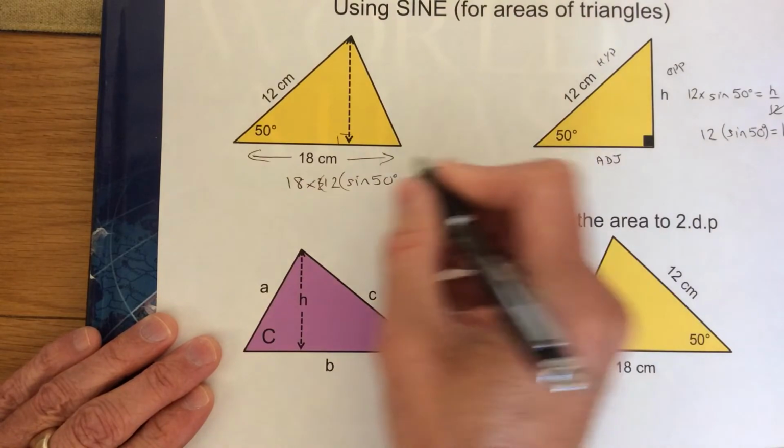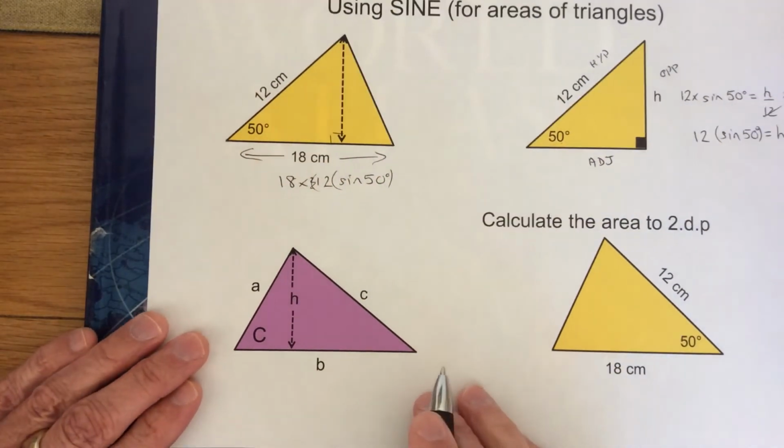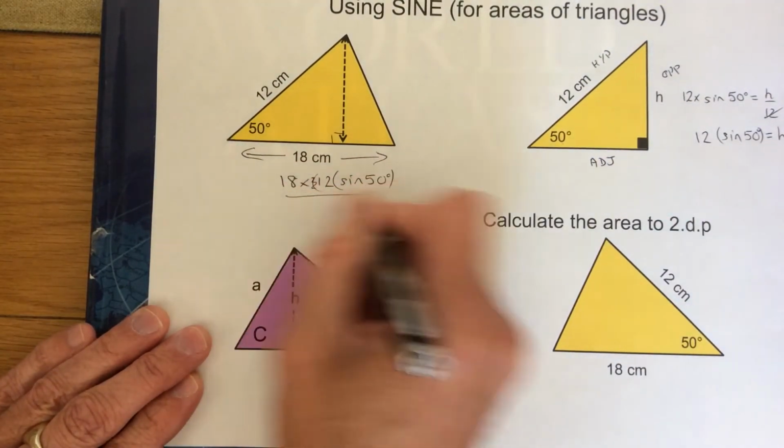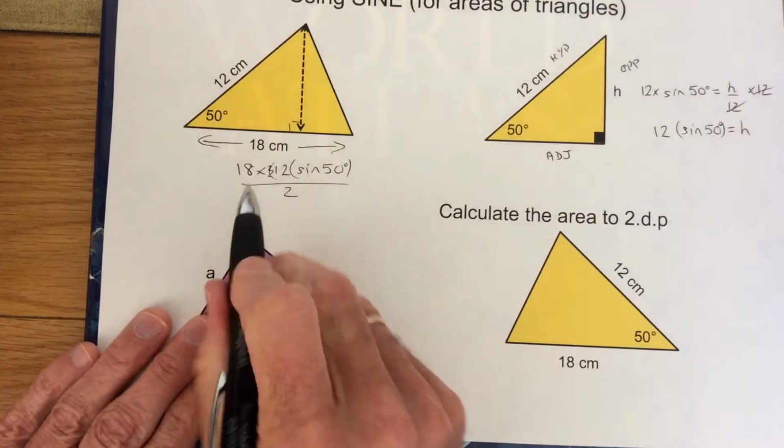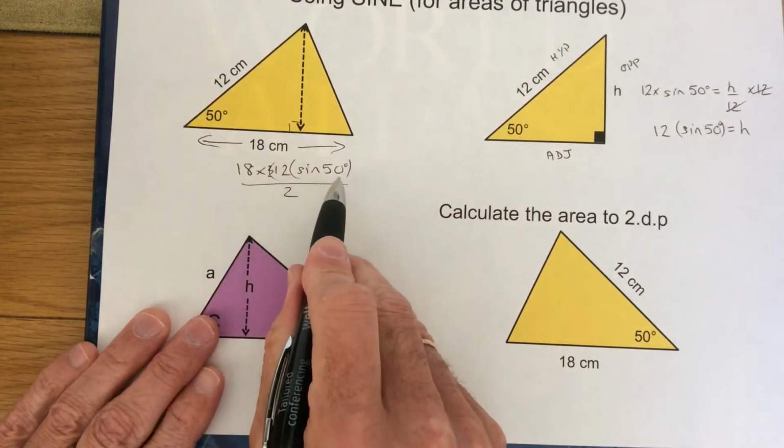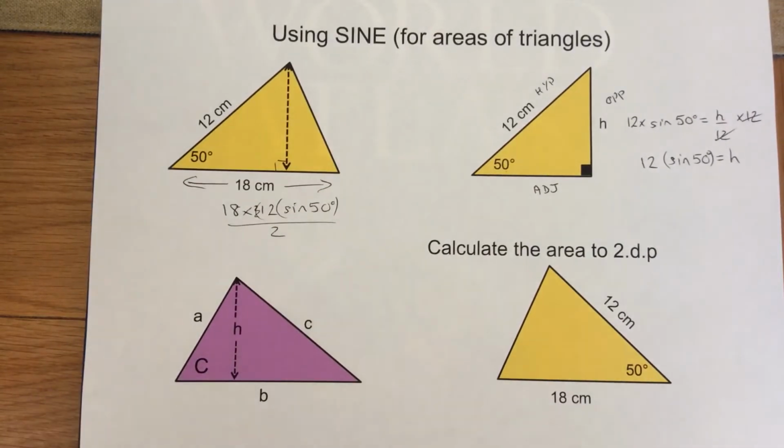Bit messy. Divided by 2. And that will give me the area. Okay, 18 times 12 sine 50 degrees divided by 2. I'm not going to work it out. I'll leave that for you. All right, you can have a go at that one.